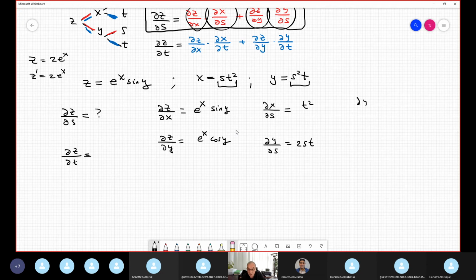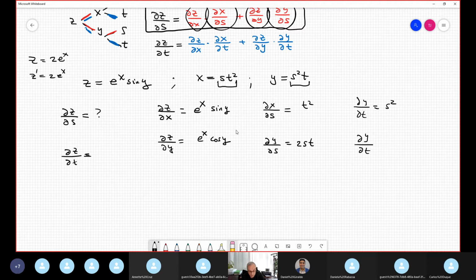Let's do it now. Partial derivative of y with respect to s and partial derivative of y with respect to t. I did that, but I forgot something. This is t now. The partial derivative of y with respect to t is s squared. It's obvious, right? And the partial derivative of y with respect to s, I did that.